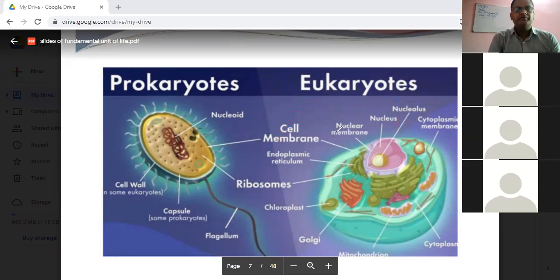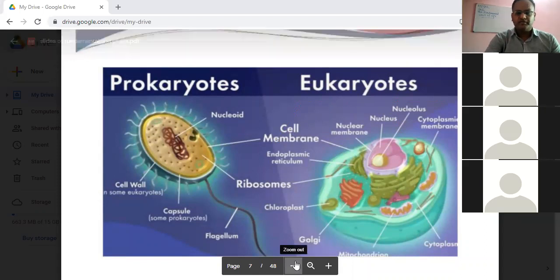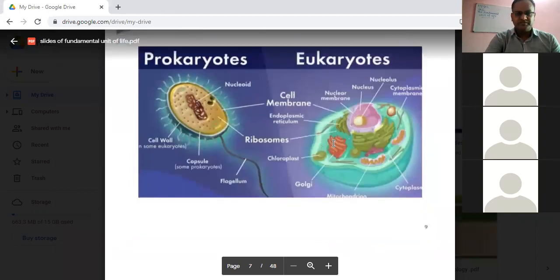Because the nucleus is surrounded by the nuclear membrane, and all the membrane-bound organelles like mitochondria, the Golgi body, the endoplasmic reticulum are present in the eukaryotic cell. So this was the prokaryotes and the eukaryotes in image representation.